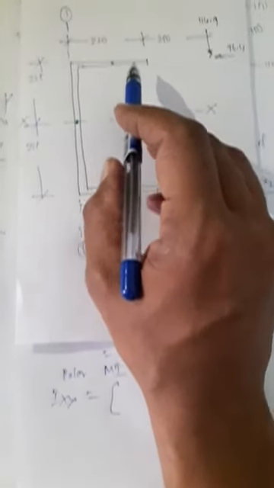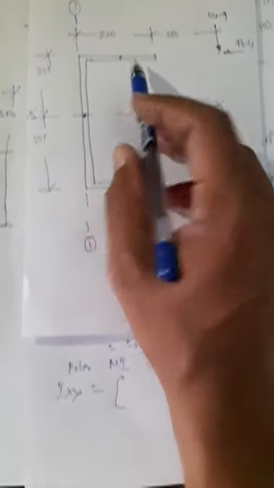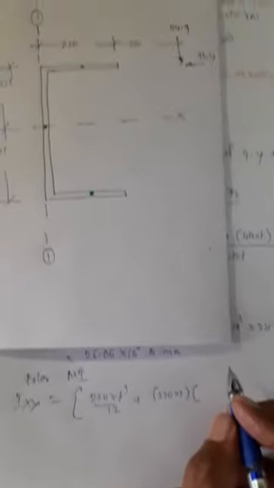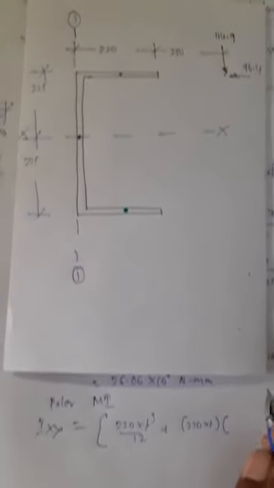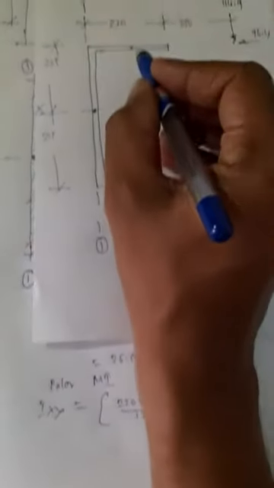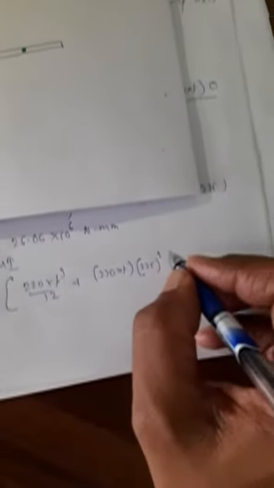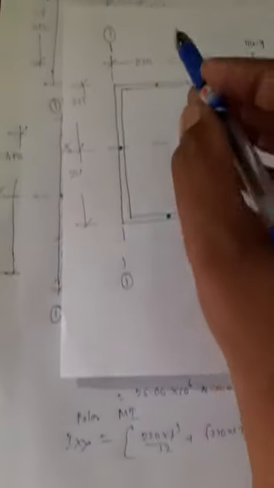Dimension parallel to X is B, perpendicular is D. For element 1, B will be 220 into T cube divided by 12 plus area 220 into T into perpendicular distance, area into distance square. So distance of this from X is 225 bracket square.